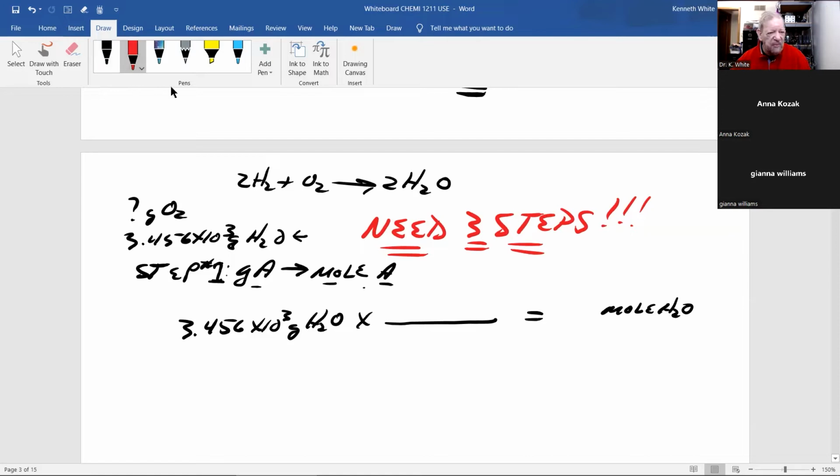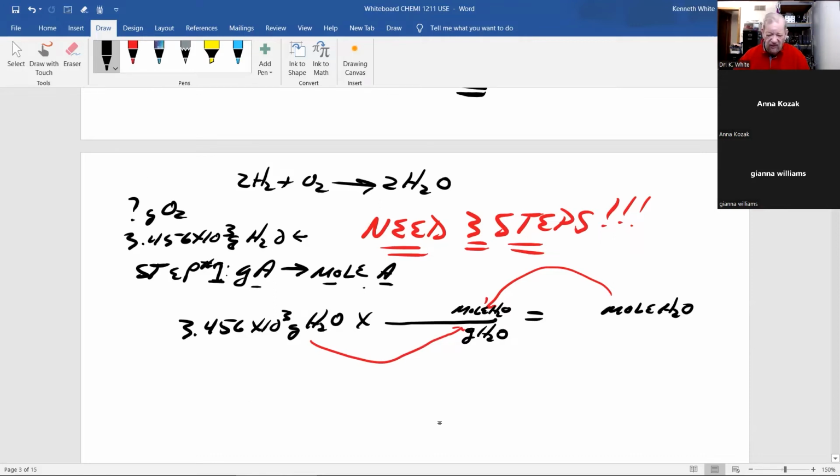So you use your good friend, unit analysis. Whatever I'm trying to get to goes on top of the ratio. Whatever I'm trying to get rid of goes underneath. I'll write that, moles of water over grams of water. And where do I find that relationship?